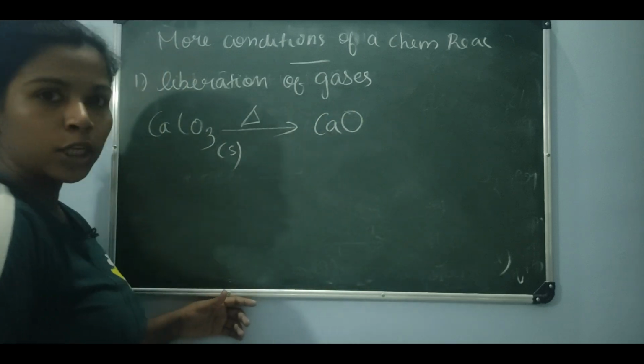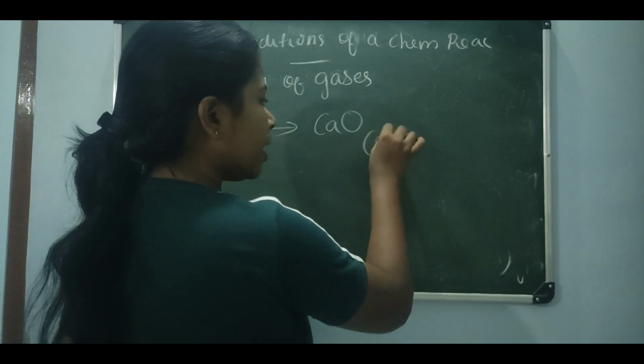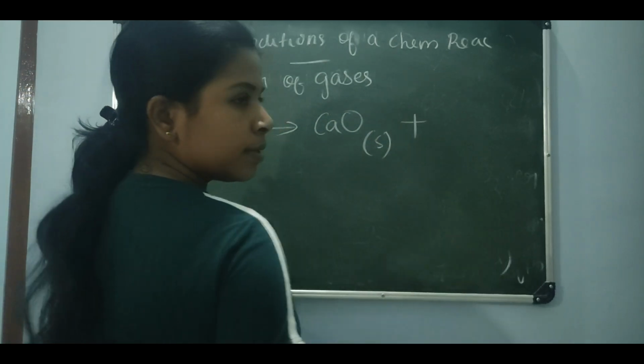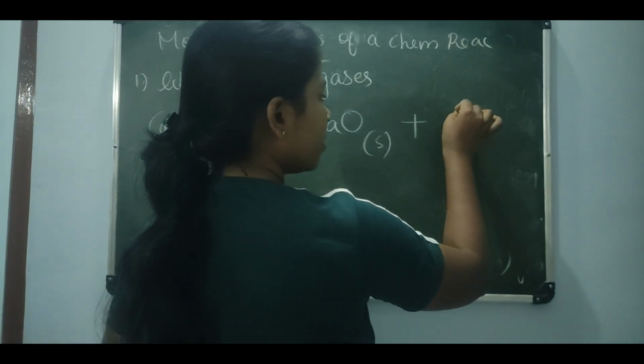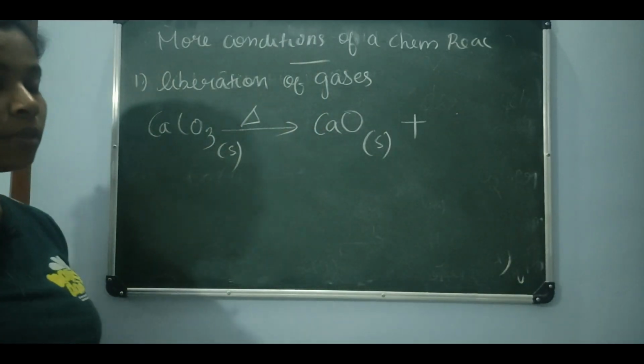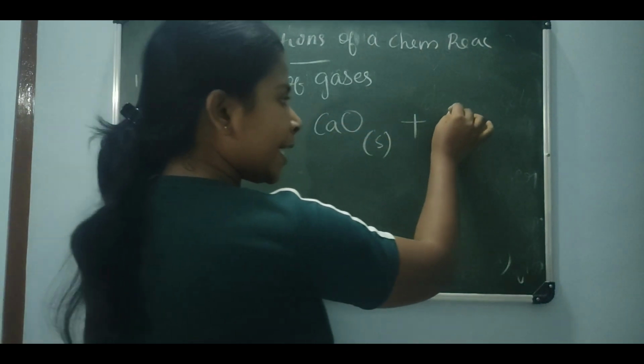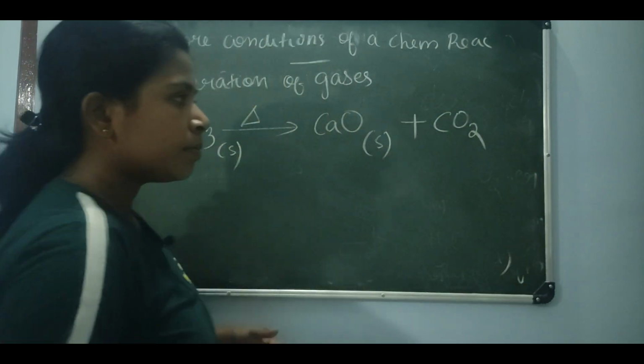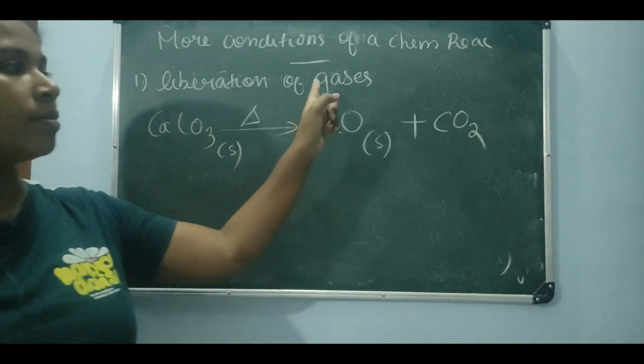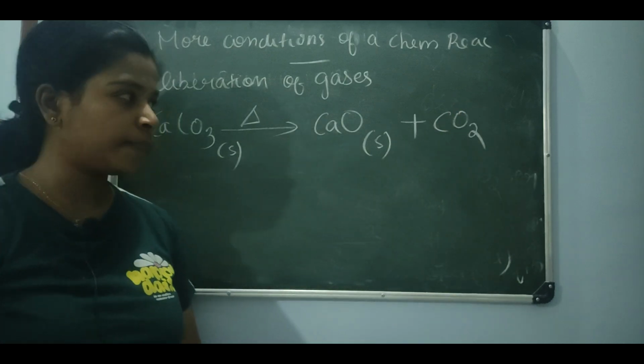Calcium oxide, quicklime, which is also a solid, plus what is formed? Calcium carbonate, when heated, gives calcium oxide and carbon dioxide. Okay. Here, gas is liberated.